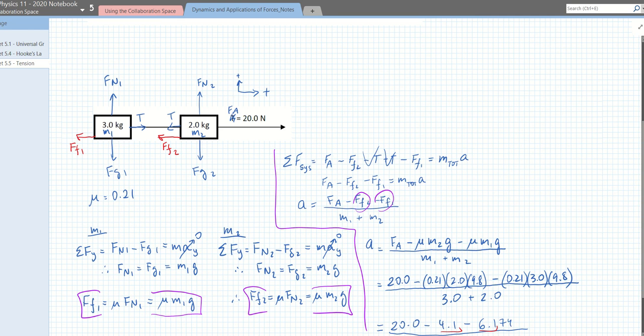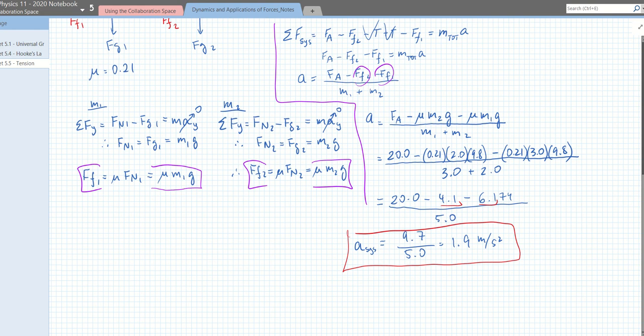The next step is to find the tension, and in this case you can pick any of the masses, either mass 1 or mass 2. Pick the one with the least number of forces acting on it to make it simpler. For example, if you look at M1, you only have tension and force of friction. If you pick M2, you have F applied, you have tension, you have force of friction too. So it's easier to work with the M1. So I'm going to pick my M1 and find tension.